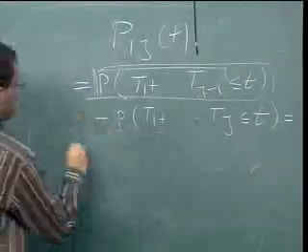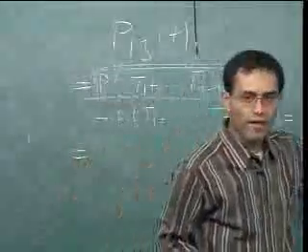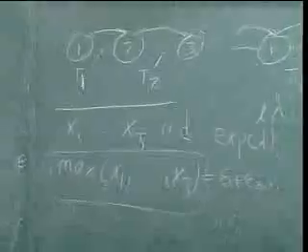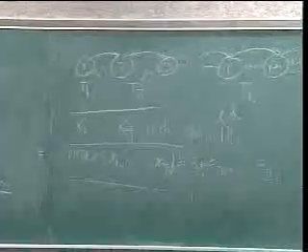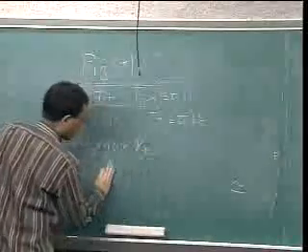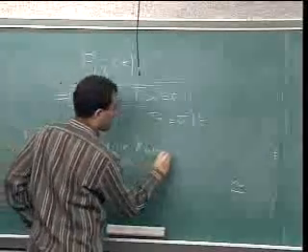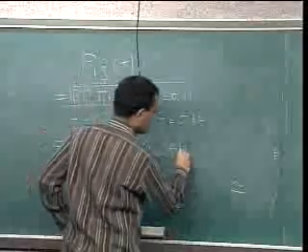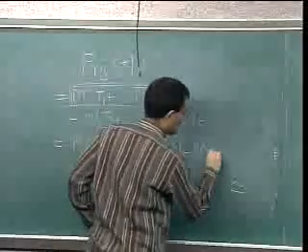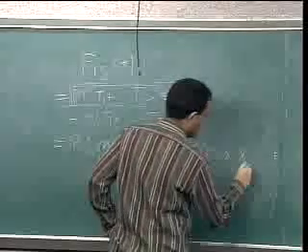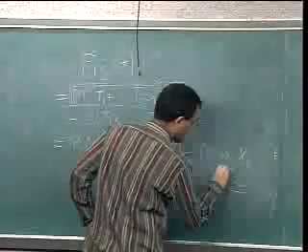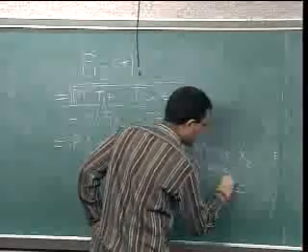Okay, so look at the interpretation that we had here. This would be equal to the probability that the maximum of xk, where k is between 1 and j minus 1, is less than or equal to t, minus the probability that the maximum of xk, but this time k is between 1 and j, is less than t.